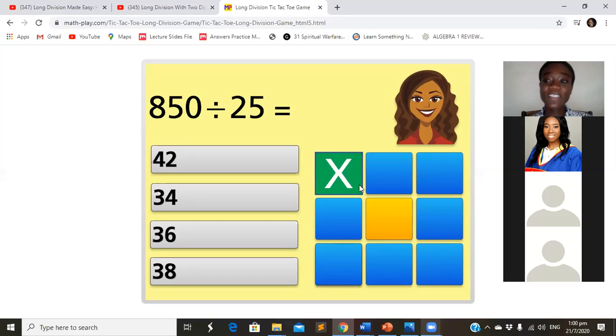So we're looking for a tic-tac-toe. Will we get it? Will we not get it? It all depends on if we can answer this question right.